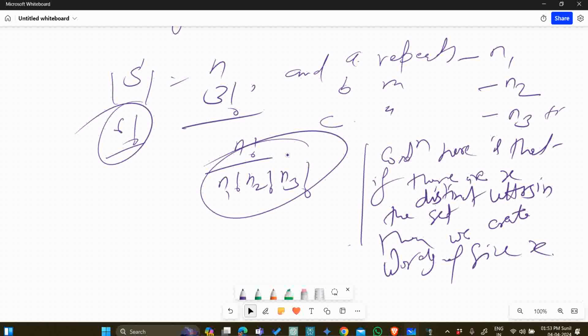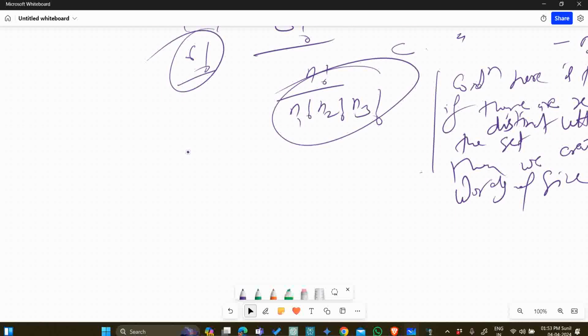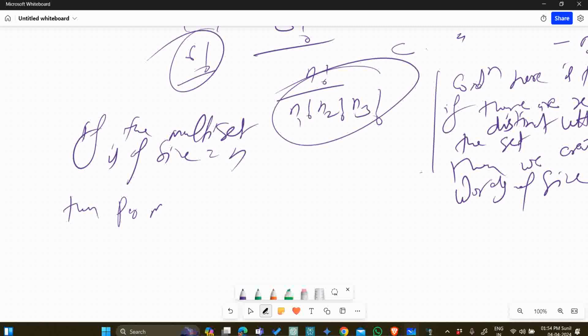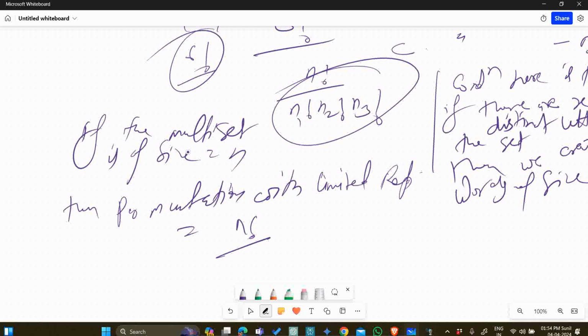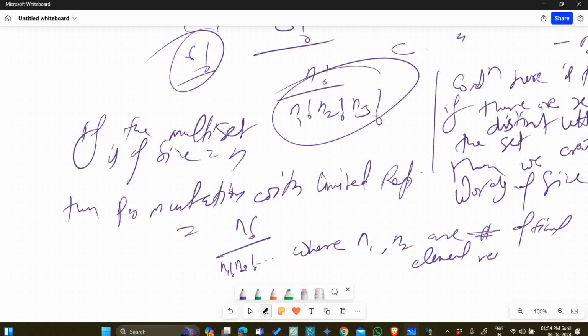So if the multiset is of size n, permutation with limited repetition is equal to n factorial upon n1 factorial, n2 factorial, and so on, where n1, n2 are the number of times elements repeat themselves inside the multiset.